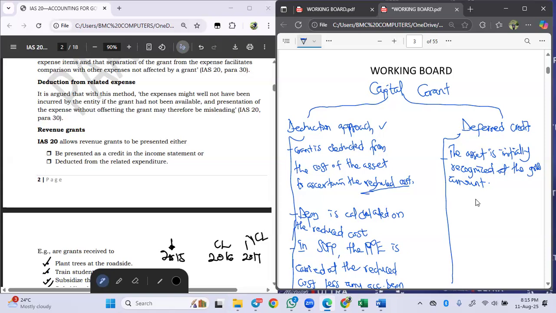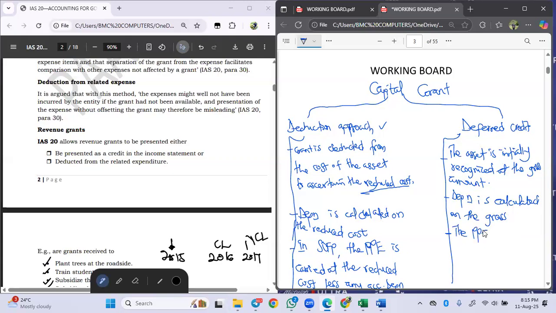Now let's look at how we treat the grant. So first of all, the depreciation is calculated on the gross. By the reduction approach, it was calculated on the reduced cost, but this one is a deferred credit. Let's look at the statement of financial position.